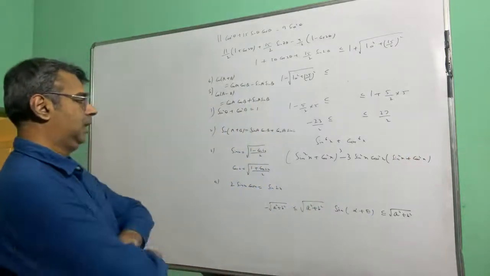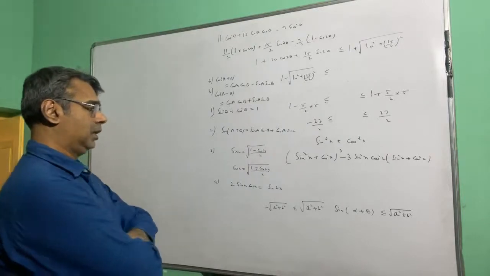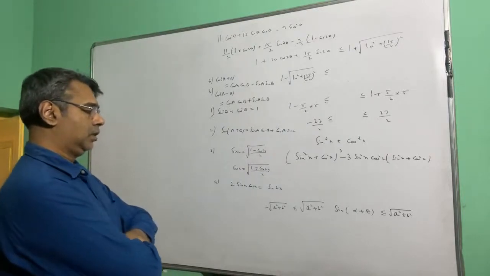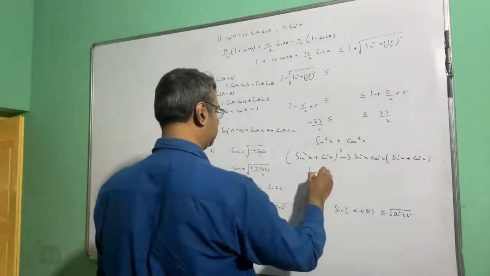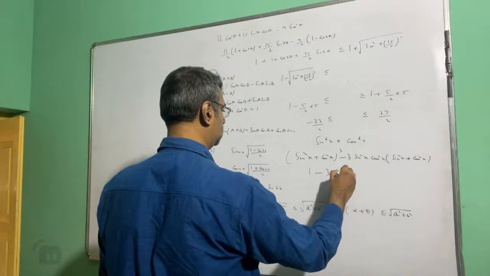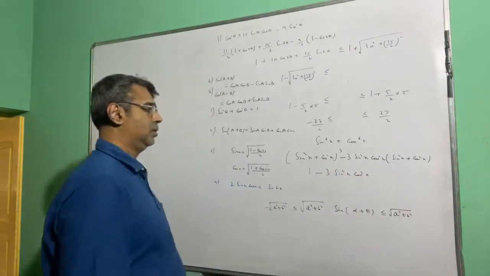So we will write sin square x plus cos square x whole cube minus 3 sin square x cos square x into sin square x plus cos square x. So this will become 1 minus 3 sin square x cos square x.